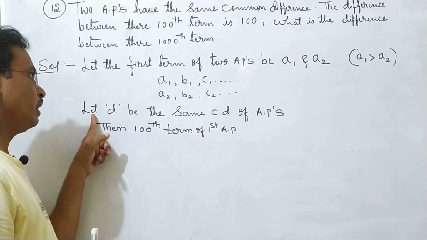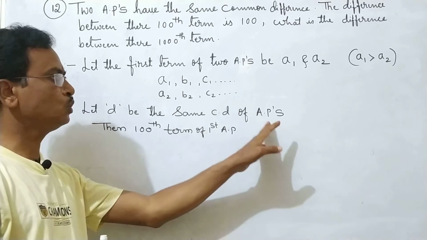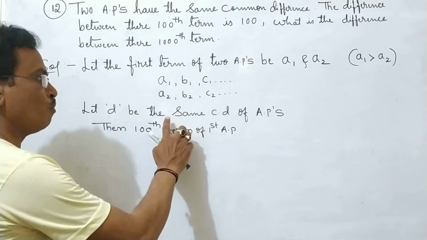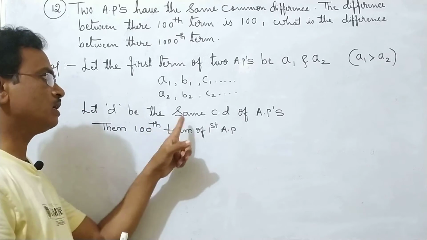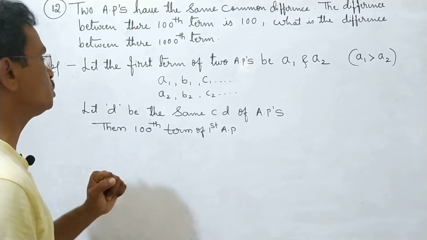Next point, let D be the same common difference of the two arithmetic progressions, according to the question.